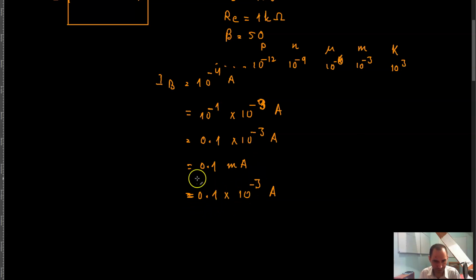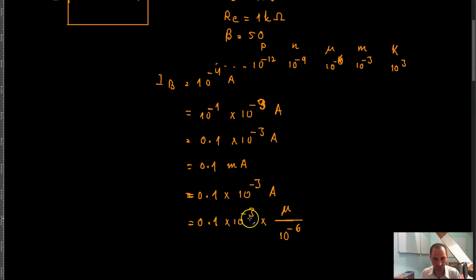But it's simple. This is 0.1 into 10 raised to the power negative 3. Since you want to express that in micro, you multiply it by micro, 10 raised to the power negative 6, in the numerator and the same in the denominator, because they are the same values.